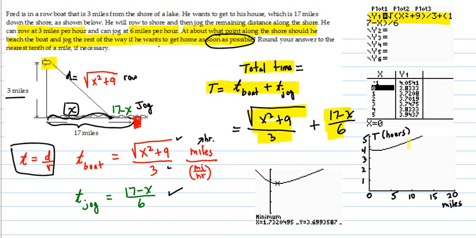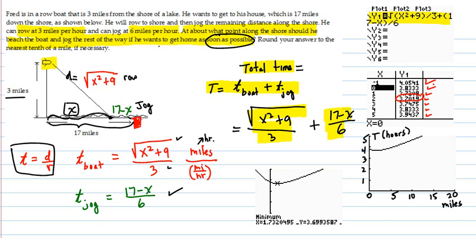So what I did was I made a table, and I saw that the values started at 3 for 0, and they went down a little bit, and then they came back up. So right around in here is where the minimum is, somewhere in there.